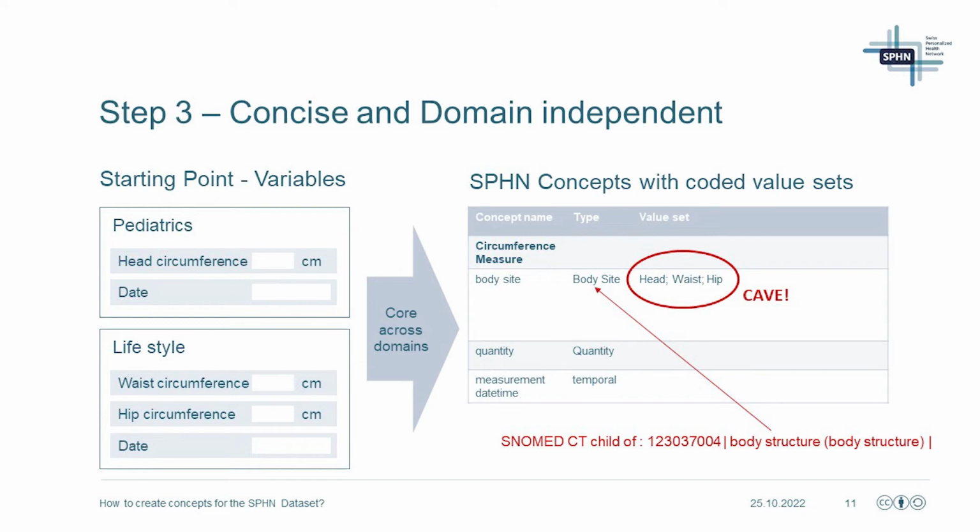And you see here as well that for body side, we can apply the principle of reuse again. In the dataset, we find that body side is defined already in a way that codes of the SNOMED CT structure or SNOMED CT hierarchy body structure is allowed to be used for this kind of value set.